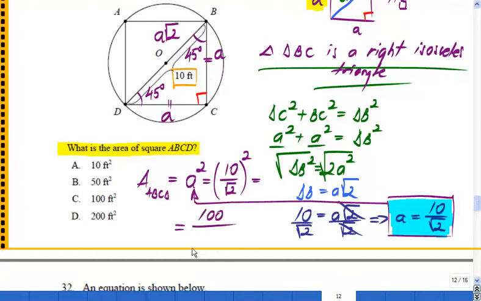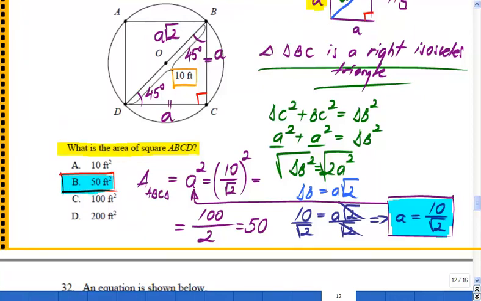Well, 10 squared is 100. Square root 2 squared is equal to 2. And you find that the area of this inscribed square ABCD is equal to 50 units squared, in this case square feet, and you are done.